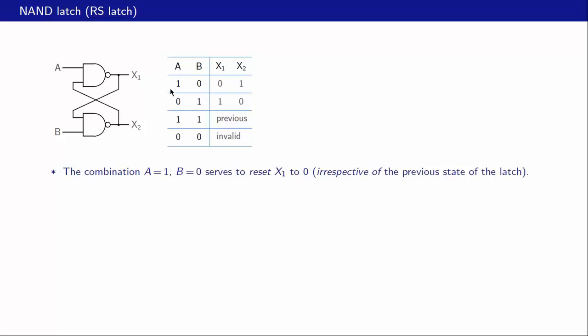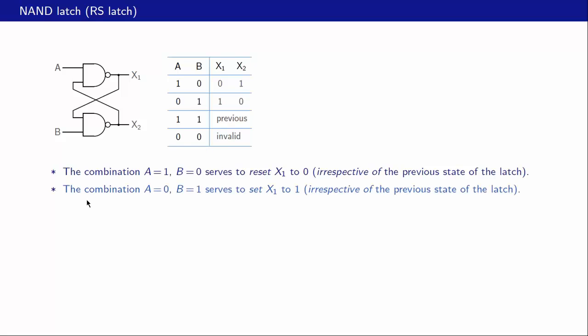So if you go back one slide, you will realize that this is derived with no reference to the previous state of the latch. Similarly, the combination a equal to 0, b equal to 1, the second one, serves to set x1 to 1. We have x1 equal to 1 here, and that again is irrespective of the previous state of the latch.